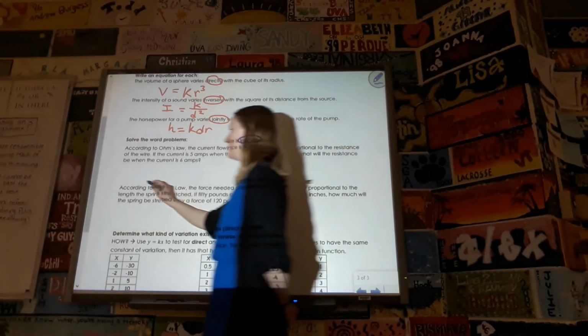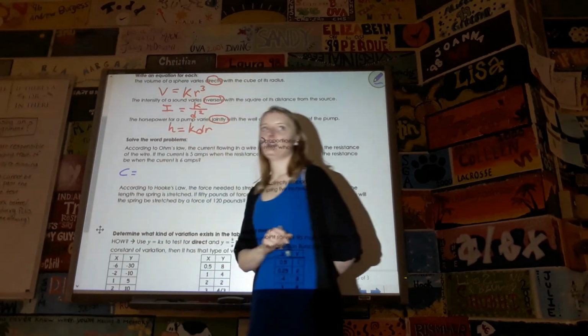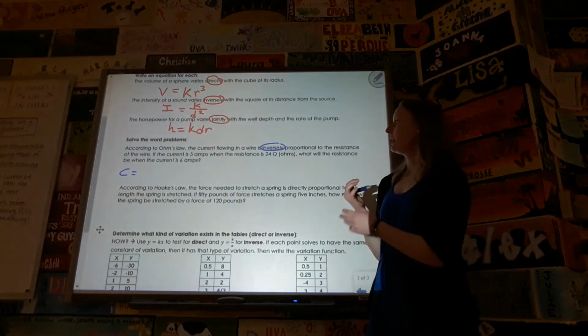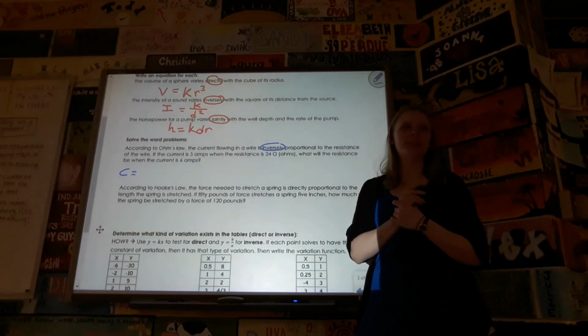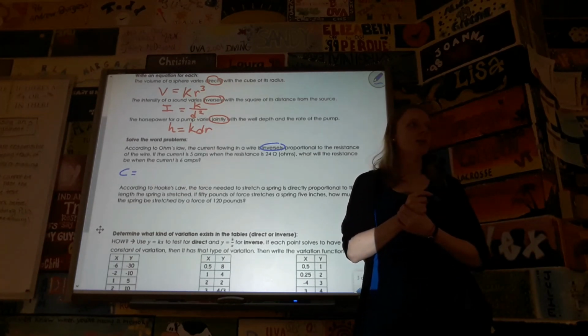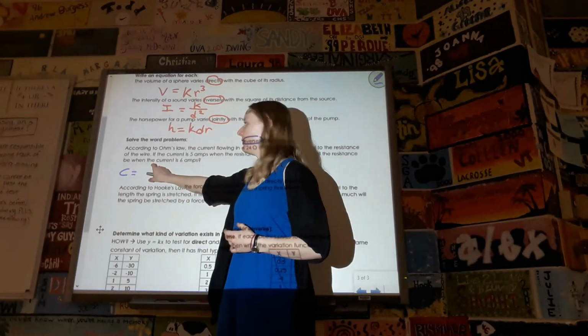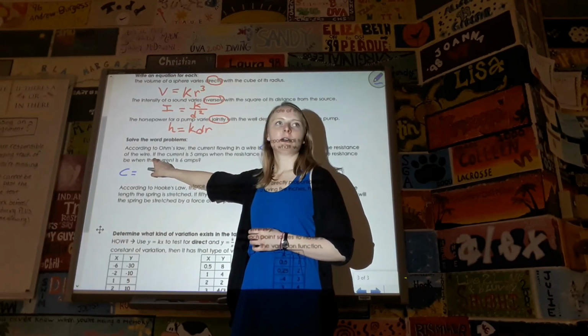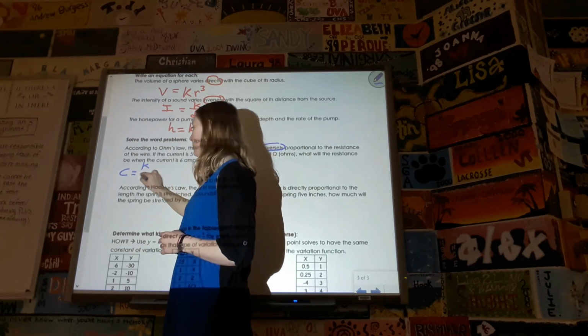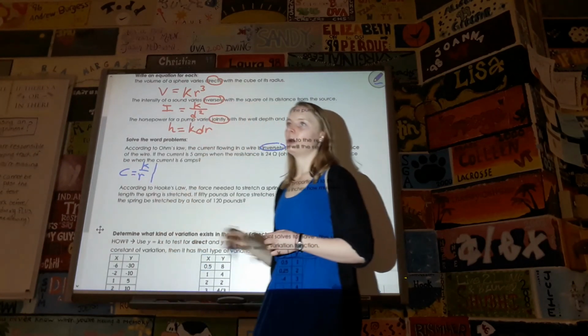C. C for current, right? Current, and then it's going to vary inversely with the resistance. What variable? R. Okay, now how would I write this part for the inverse? K over R. So this is my skeleton equation right now.